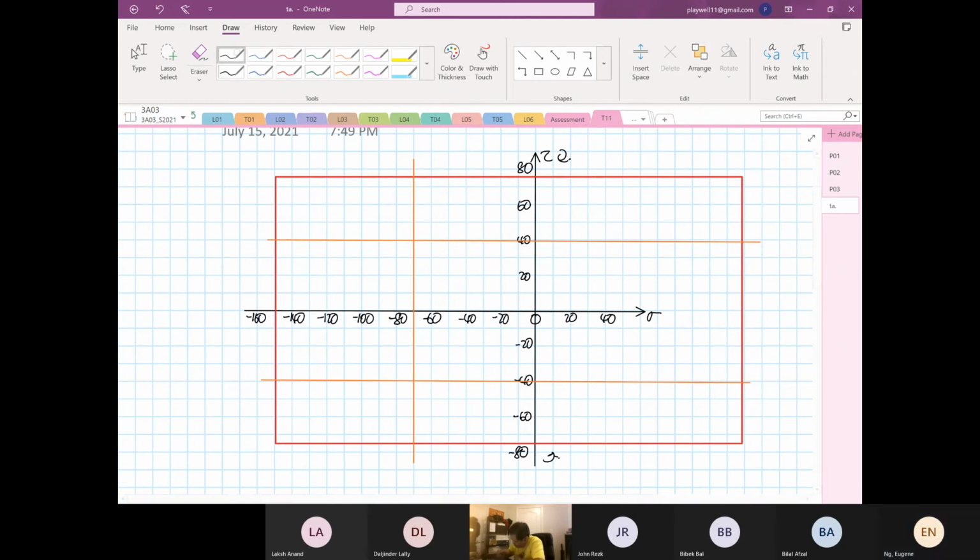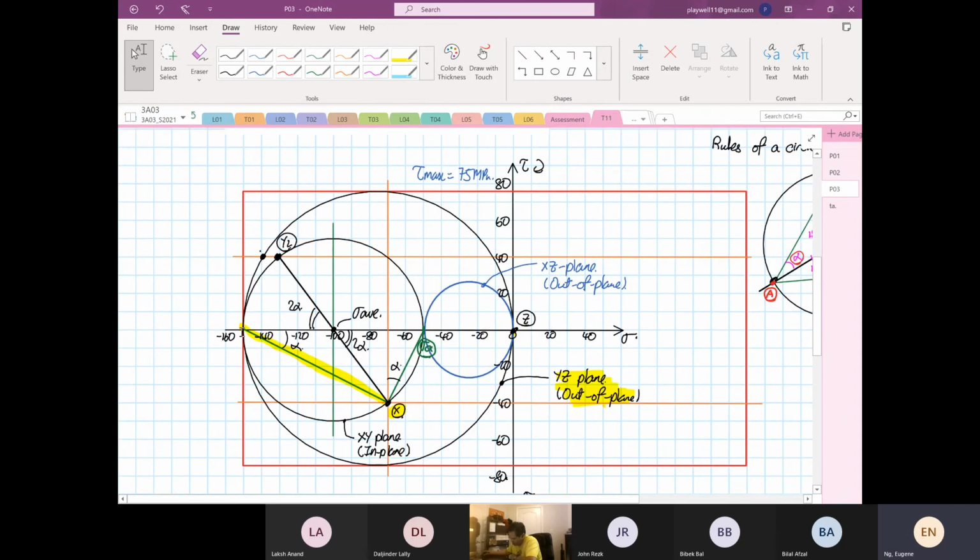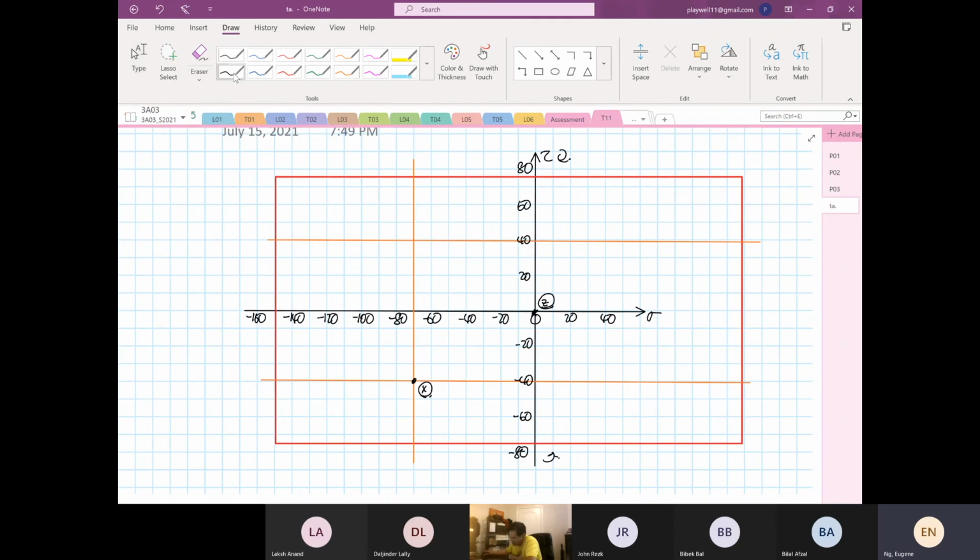So this is our point X. So this is our point Z. Remember, we started the previous one by this yellow line. It goes to the minimum at 150. What if now we draw this first? Is the solution possible? So watch this. It can either go left or right, like what we had before.